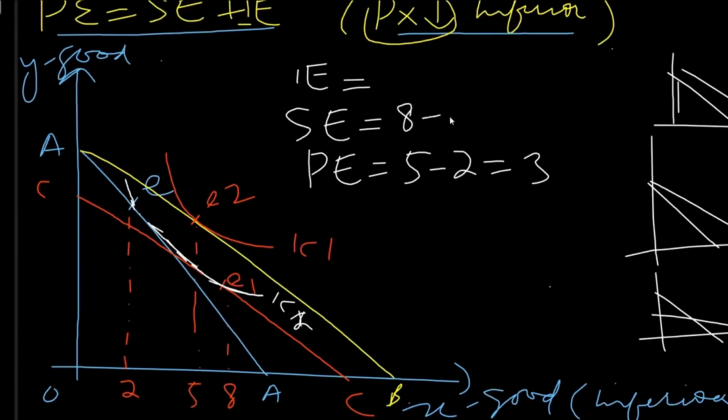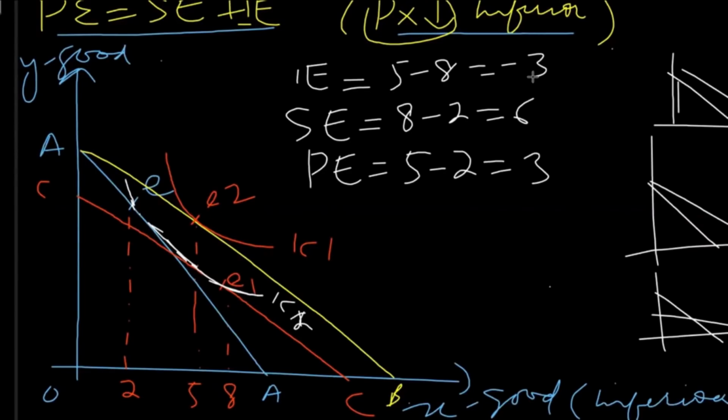Okay, so price effect in this situation is equal to 5 minus 2, which is 3, and substitution effect is 8 minus 2, which is equal to 6, and income effect is equal to 5 minus 8, which is equal to minus 3. So now we can see that income effect is negative, substitution effect is positive, and price effect is also positive.